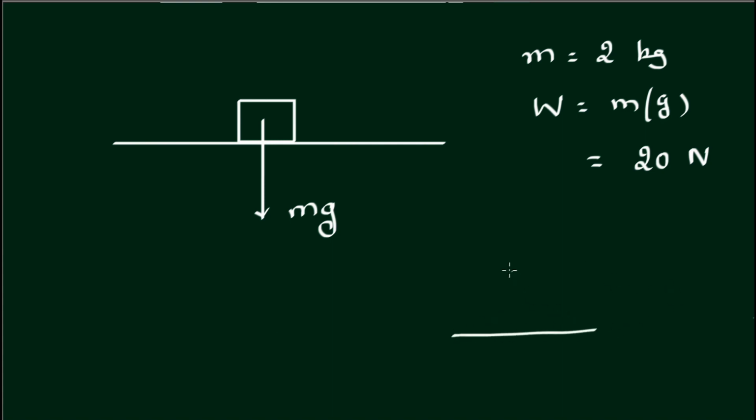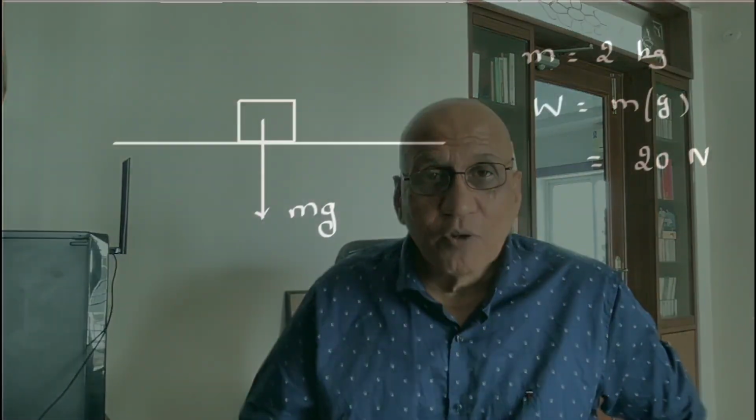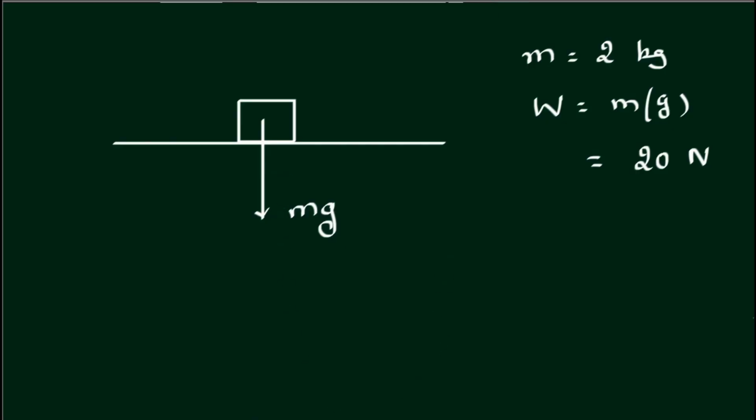And that's a repulsive force because of the following reason. If this is the floor and this is the box, the box pushes down on the floor, and the floor, by Newton's third law, pushes back up on the box. Since the two forces, action and reaction, act away from the two objects, it's a repulsive force. So what's the nature of this force? This is a force between one set of atoms and another set of atoms. It's an interatomic force. So I'm going to draw this force on the lower surface of the box because that is where it acts.